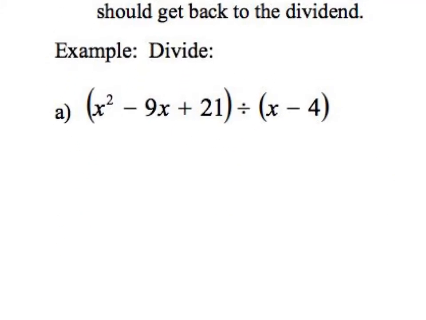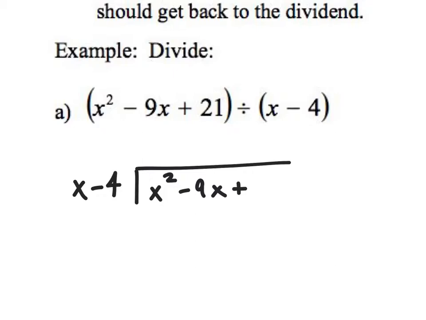All right, if I divide, say, x squared minus 9x plus 21 by x minus 4, okay, my divisor is x minus 4, and my dividend is x squared minus 9x plus 21. So that's how we go from this form here into long division form. Now, here's what I do, okay?